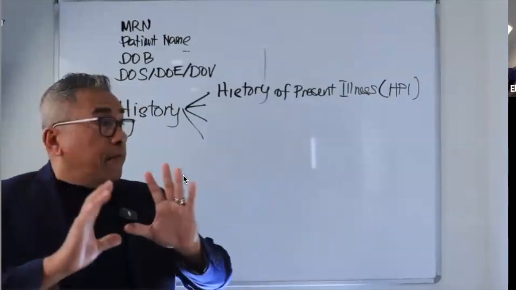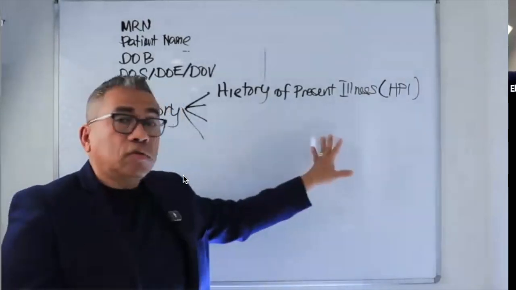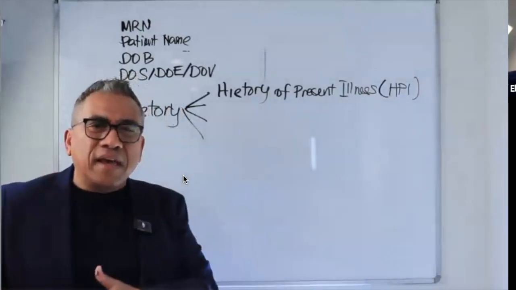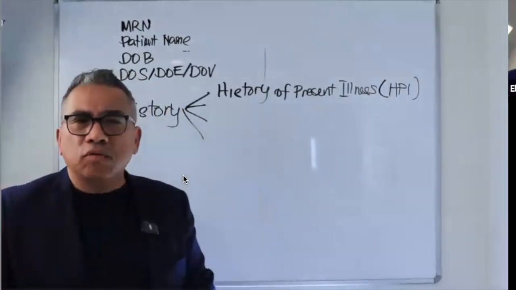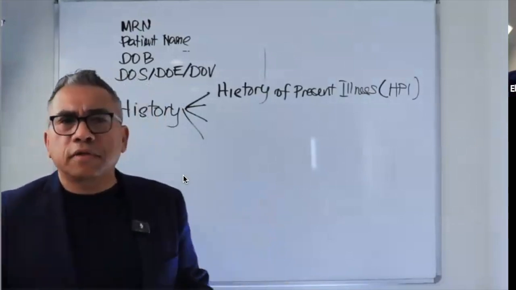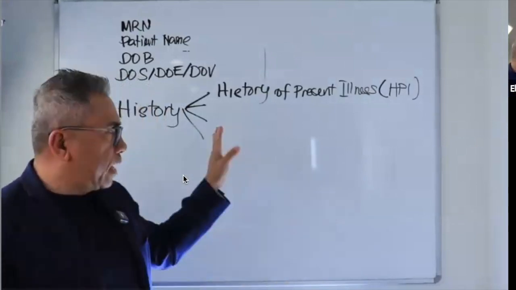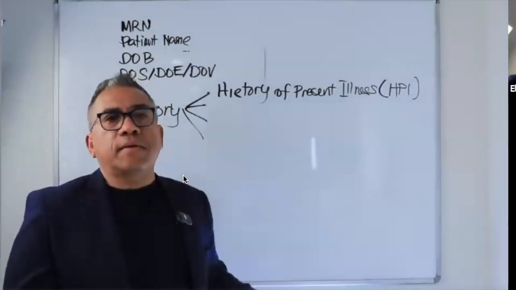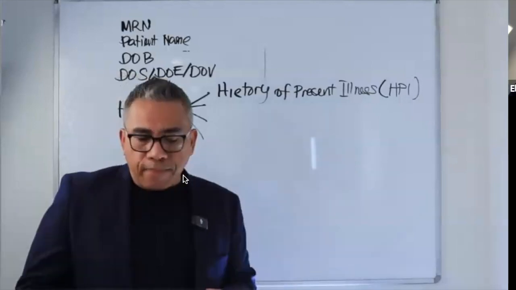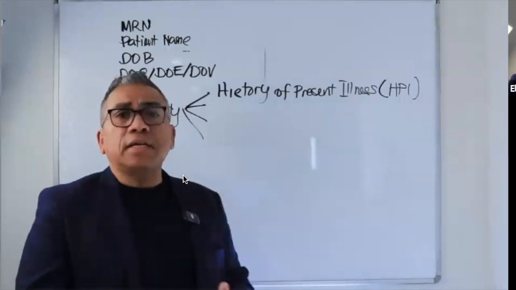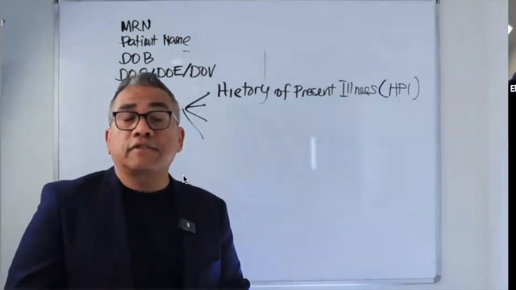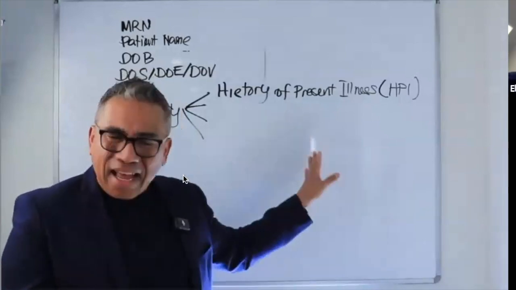So the HPI tells you all these stories: the patient fell, was having weakness, suffered a minor trip and fall, and because of that suffered a minor fracture. Now the patient is in the clinic because of the fracture, which is obviously very painful. That's your HPI.